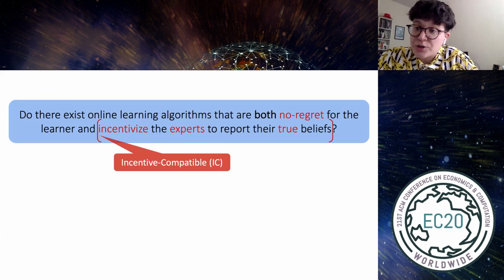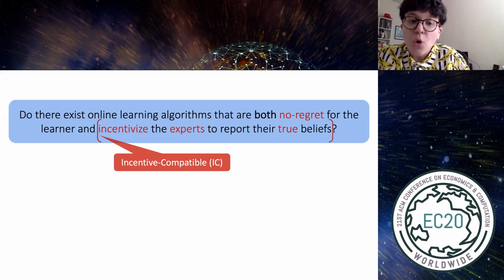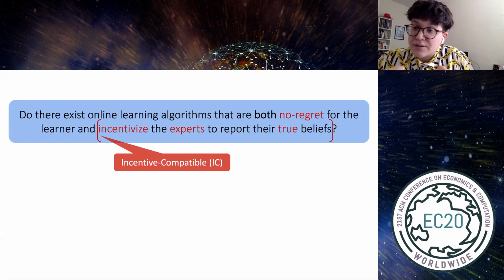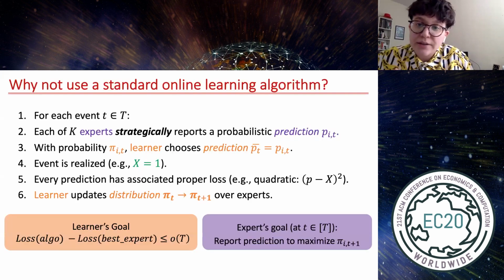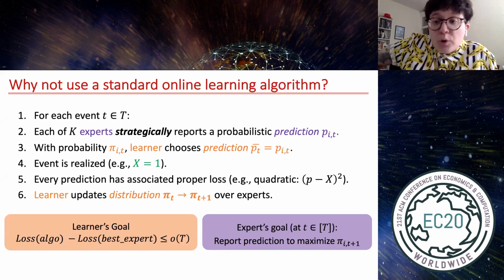So the first question that one should ask when faced with such an incentive compatible or incentive aware problem is, why not apply a standard online learning algorithm and try to see what happens in the strategic setting? So what do I lose if I just apply a standard online learning algorithm in this strategic prediction problem? Well, what would you do?